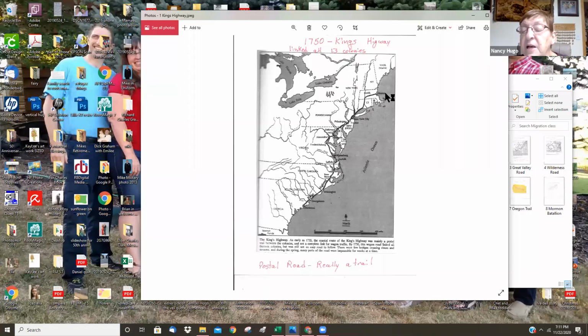Most of the time, if somebody needed to go from one colony to another, they took the boat. They very seldom went on land. Now, one of my early ancestral families was in Gloucester, Massachusetts, as sailors in the early days. And I knew that their next generation down lived in Maine. And I knew that Maine at one point in time was considered part of Massachusetts.